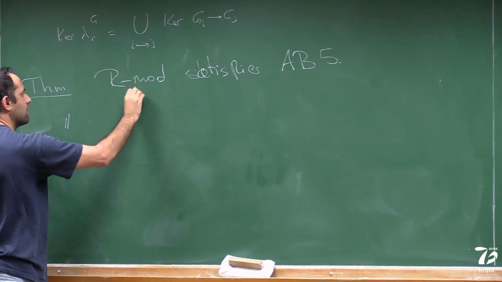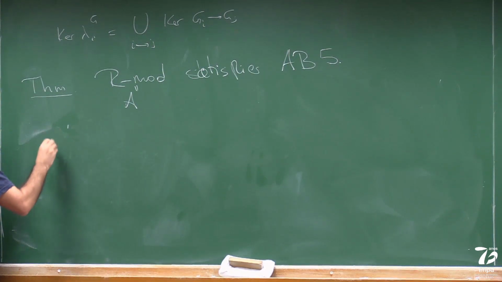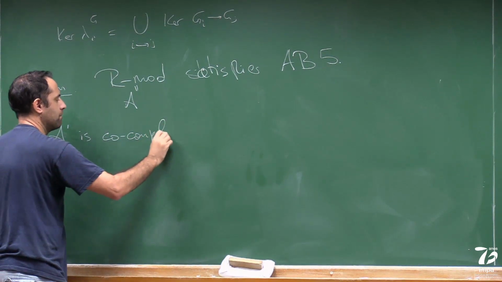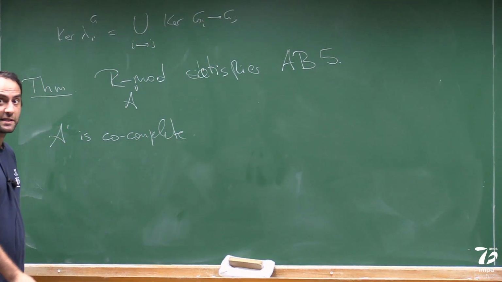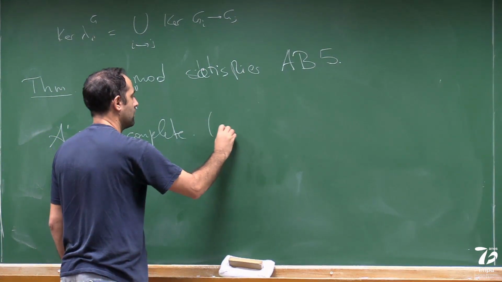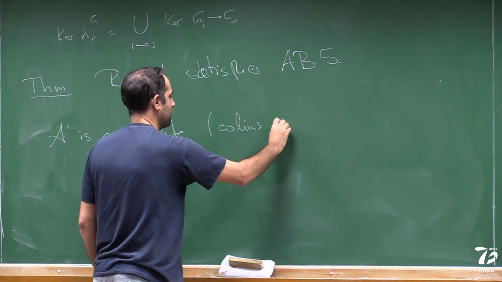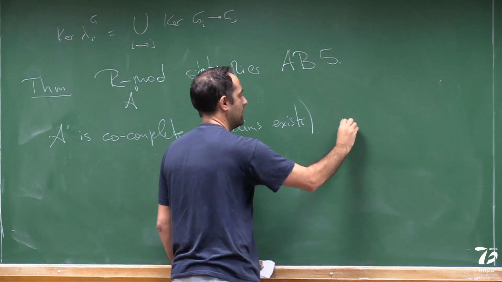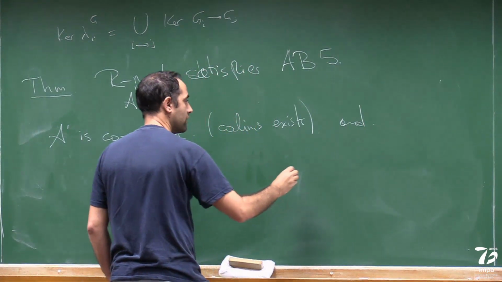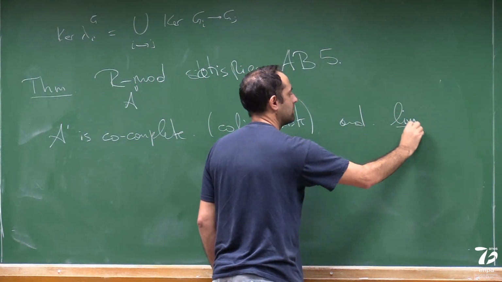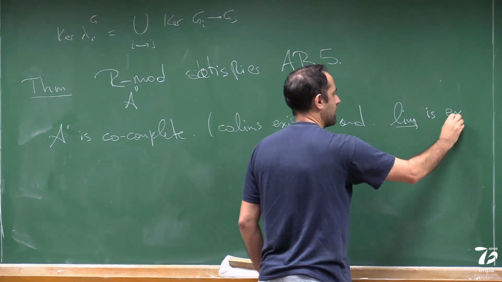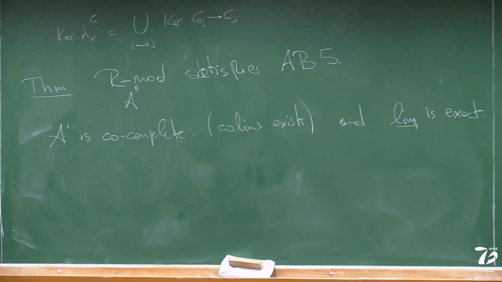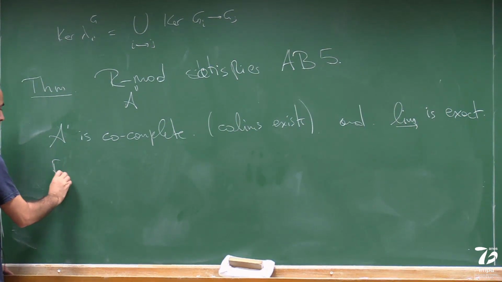This category A, our modules, satisfies AB5, and that means A is co-complete, meaning co-limits exist, and this guy is exact. And this is exact for any filtered category I. Okay? It's exact for any I.